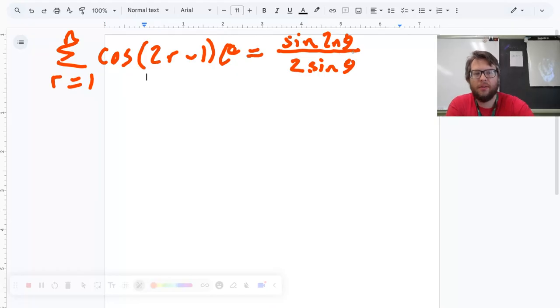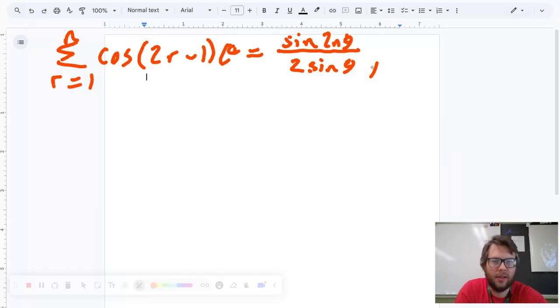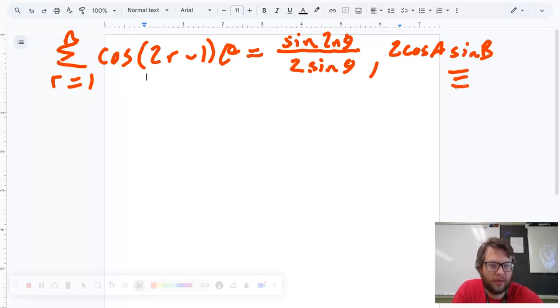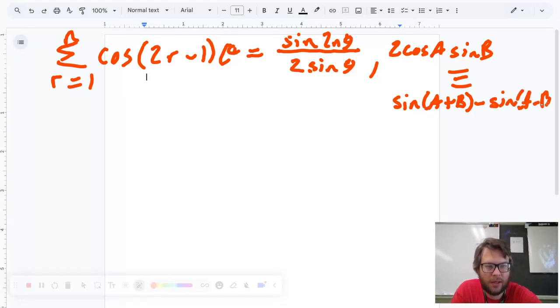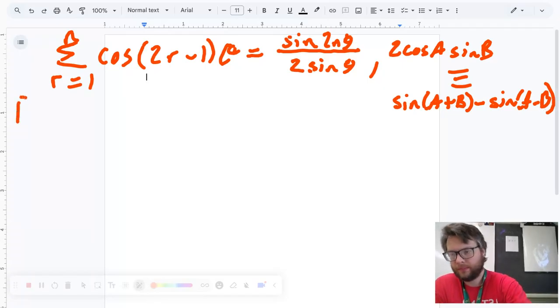And we are given another formula, that 2 cosine A sine B is identical to sine (A plus B) minus sine (A minus B).